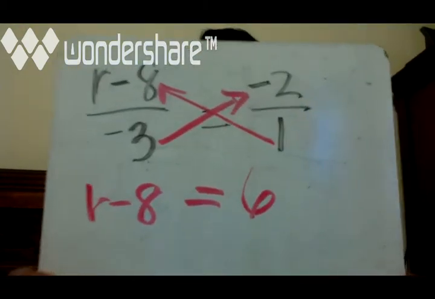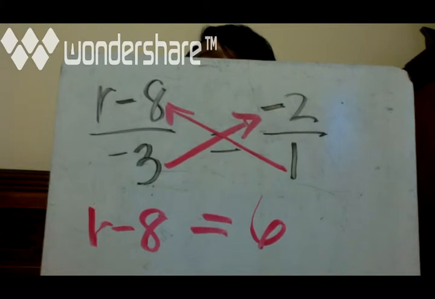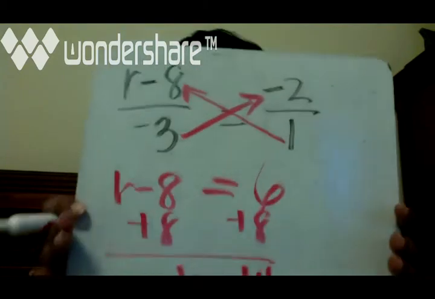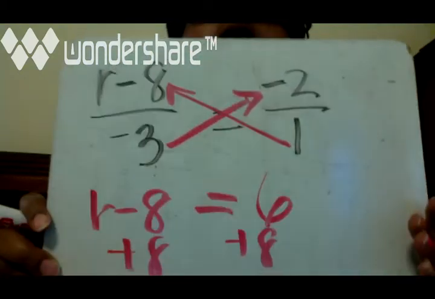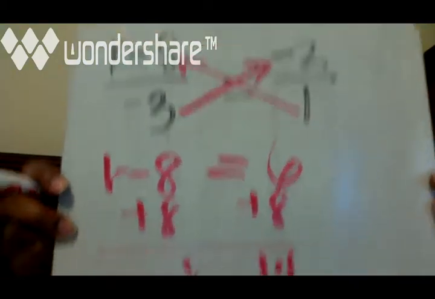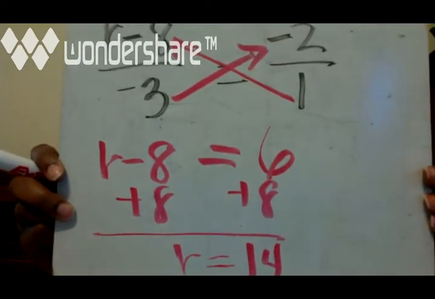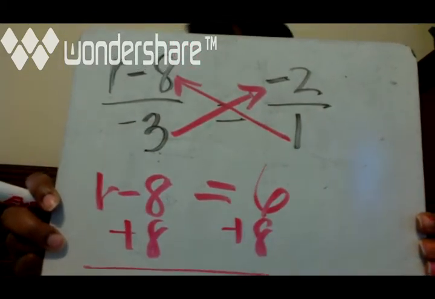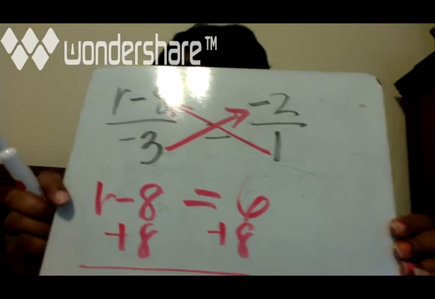Now, for the variable to be by itself, add 8 to both sides, and r is still equal to 14. I will tend to do it this way. You can do it the other way. It doesn't matter. You still get the same answer.